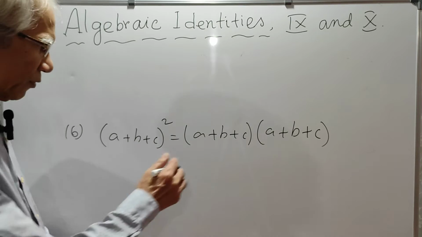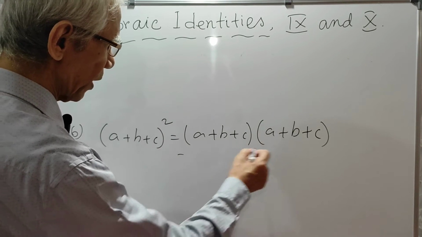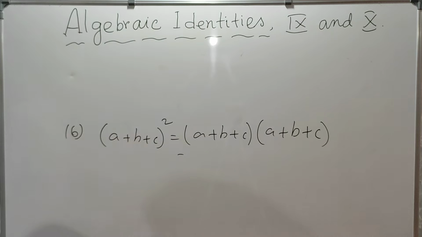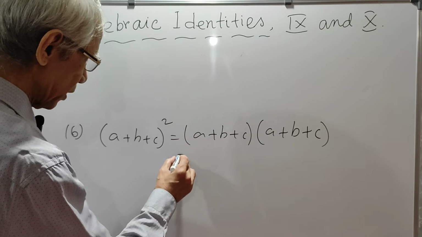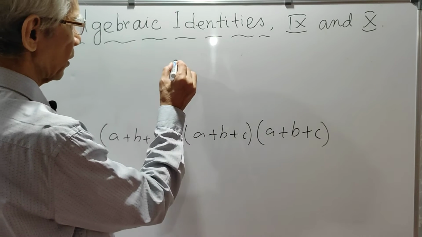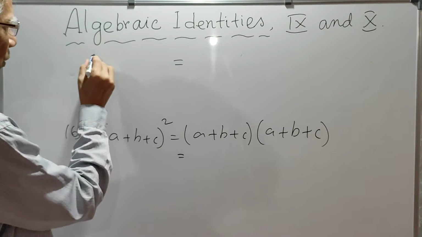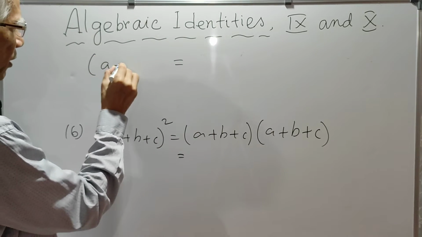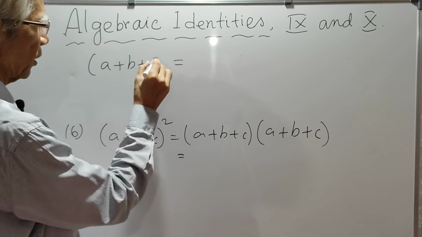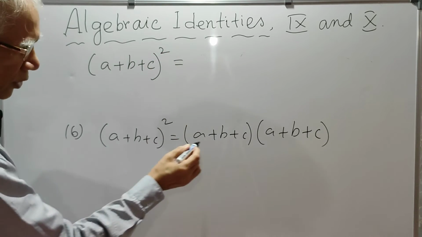All right. Now if you multiply, you will get a long expression, and that is the answer. So you will get what? I am writing here. So this is the sixth identity, a plus b plus c whole square equal to this one.